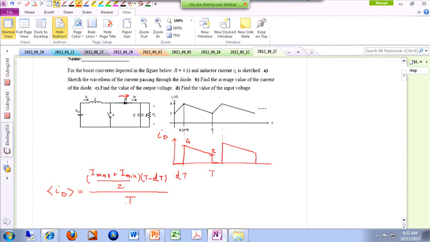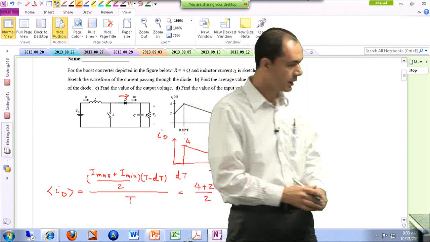So instantly you can conclude that you don't really need to have the numerical value for the switching period. It cancels out. And if I plug in the numbers, Imax is 4, Imin is 2, division by 2 times 1 minus 0.25. So this would give us 2.25 amperes. So this is on average how much current passing through the diode.